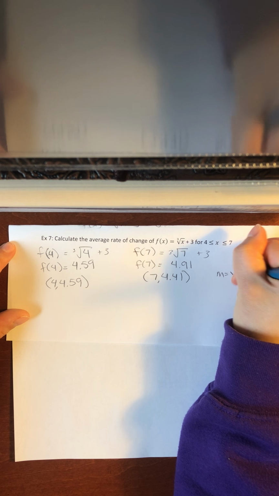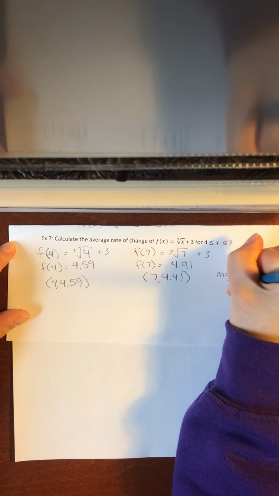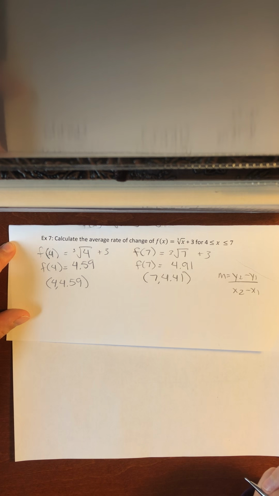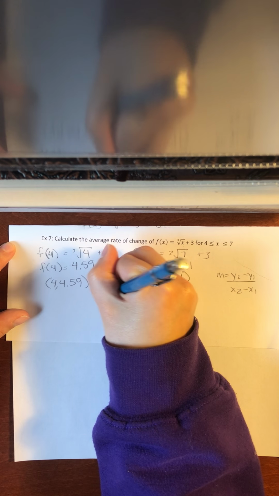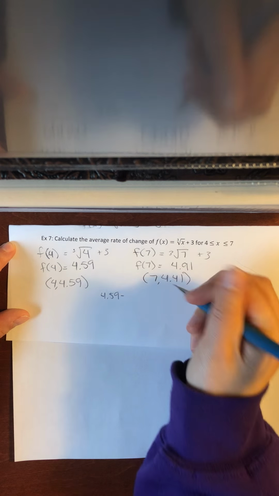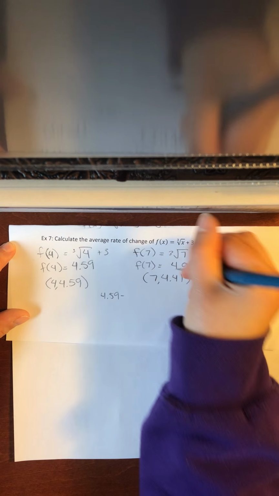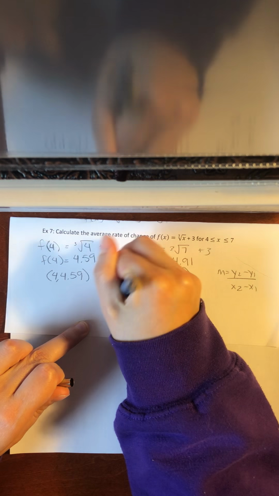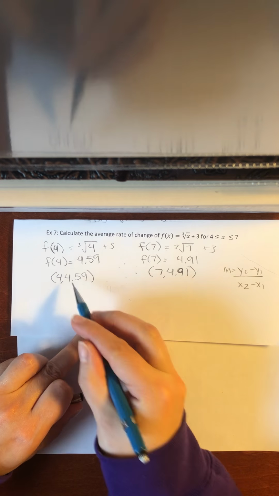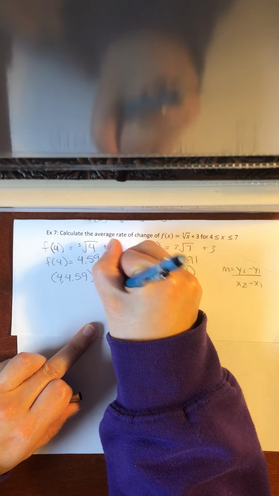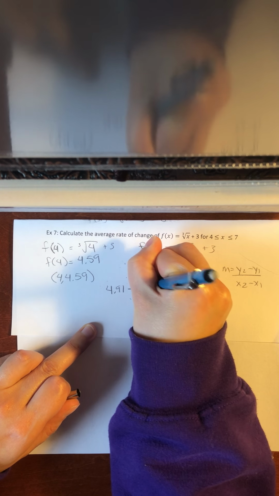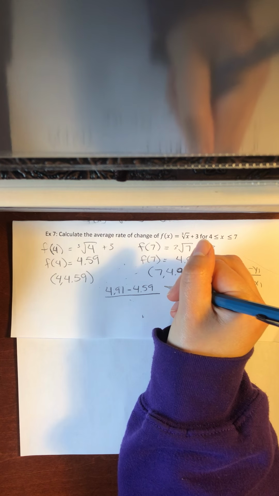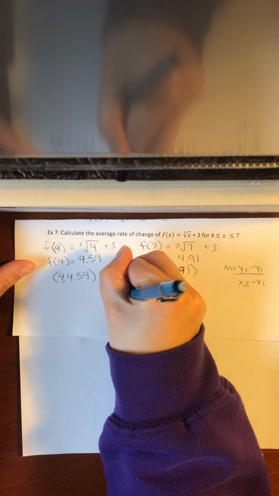So then remember, it's y2 minus y1 over x2 minus x1 to find your slope. So 4.59 minus, whoops, this is 4.91. I don't know why I put 4.1. I'm going to subtract the other way actually to keep it positive. I'm going to go this minus this, this minus this. So 4.91 minus 4.59, and then 7 minus 4.